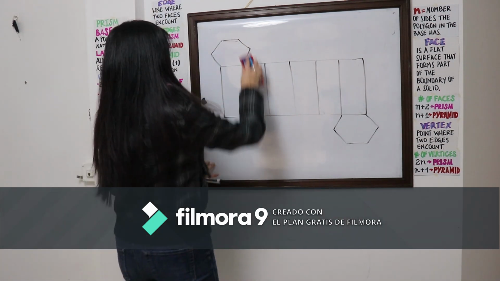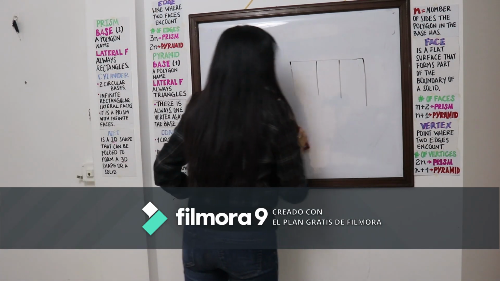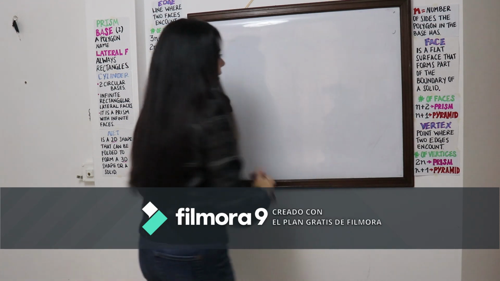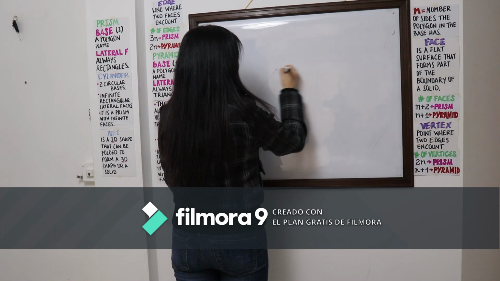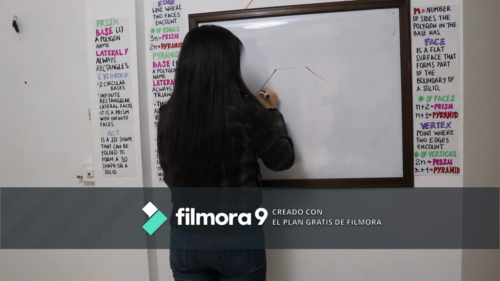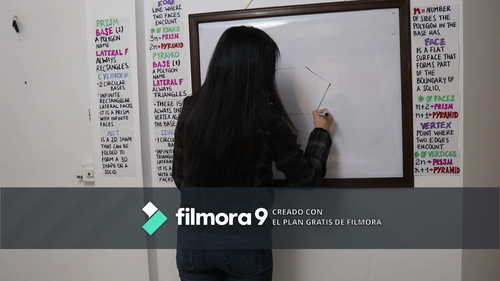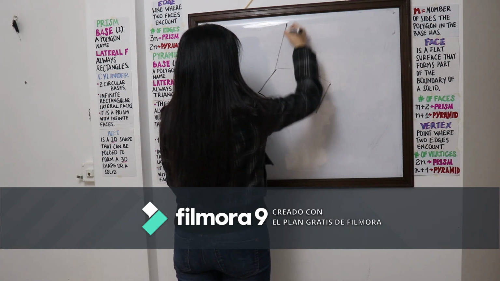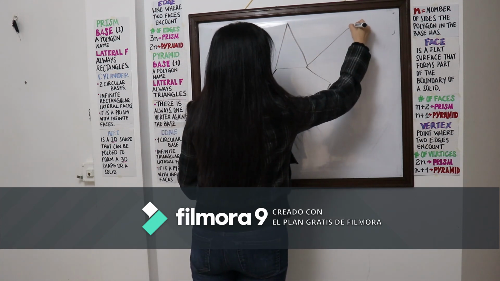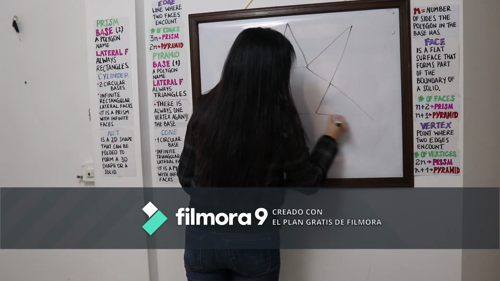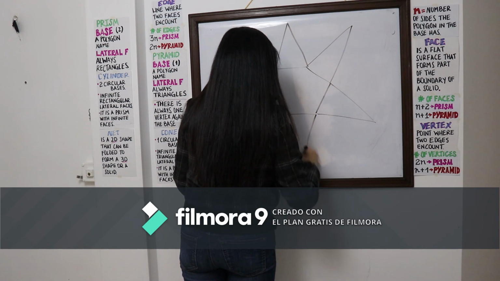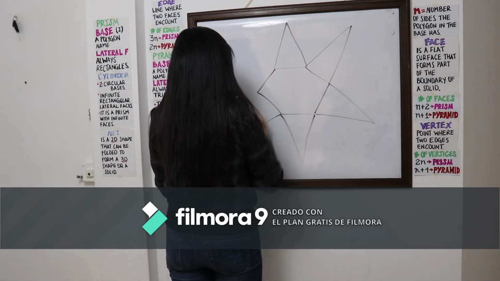Now in the case of a pyramid, I probably do it differently. My idea of making a net here is actually getting the hexagon first, right? And once I get the hexagon, then I'm just going to have triangles out of it. I'm going to try, of course, to make the triangles as congruent as I can.